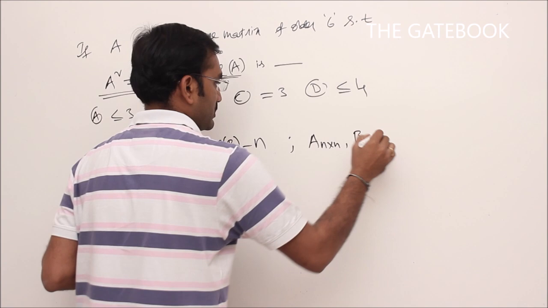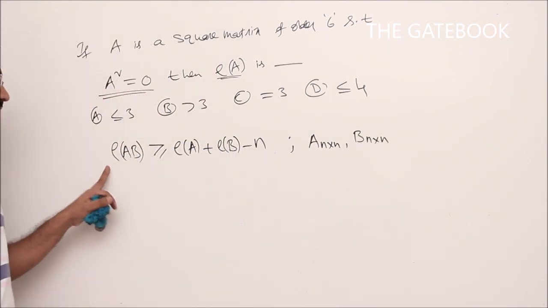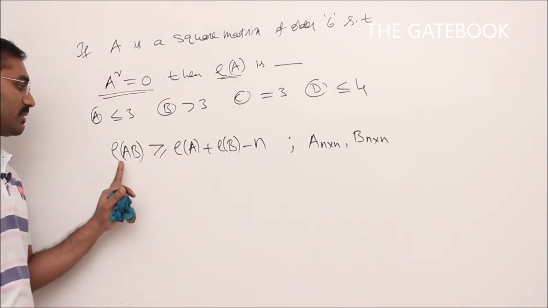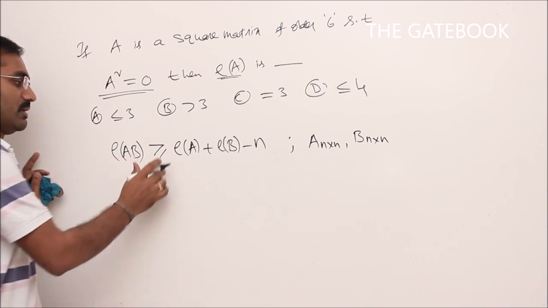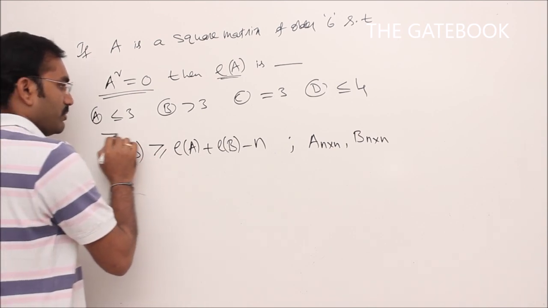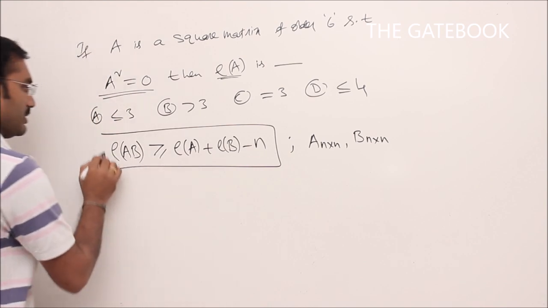Then rank of A into B is greater than or equal to rank of A plus rank of B minus n.